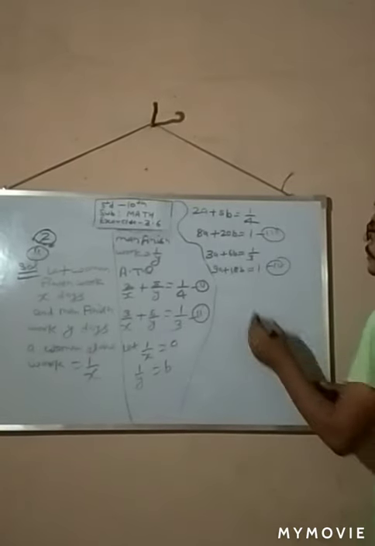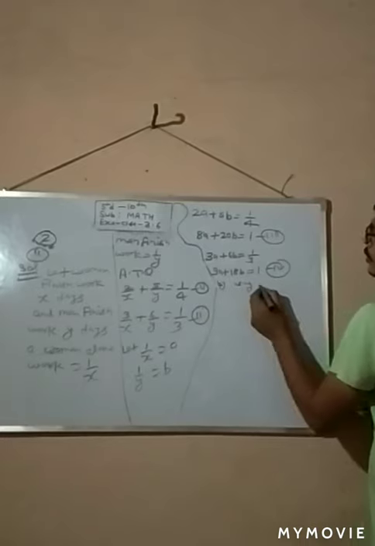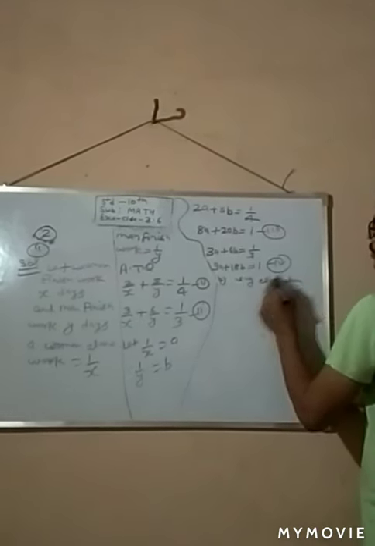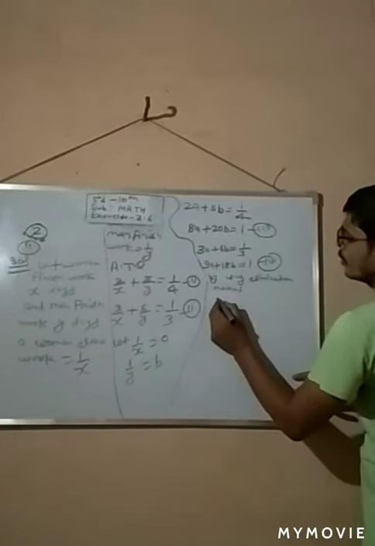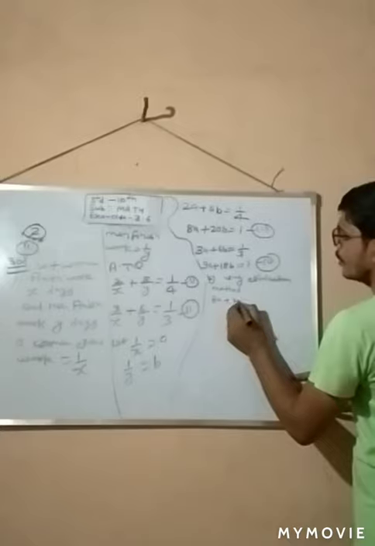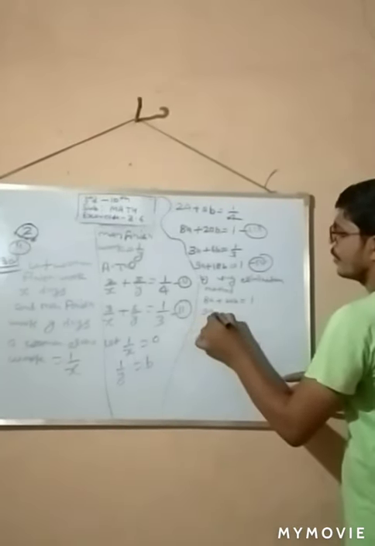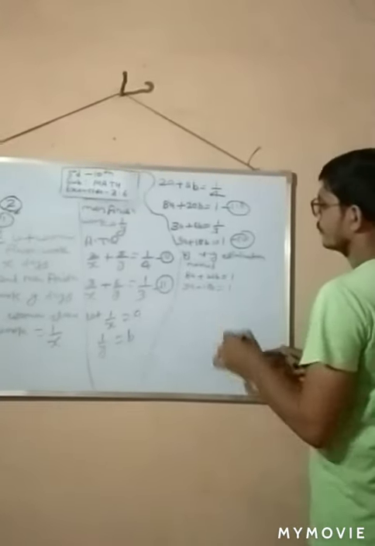By solving with the elimination method: 8A plus 20B is equal to 1, and 9A plus 18B is equal to 1.